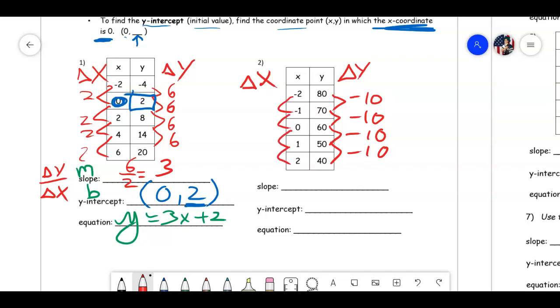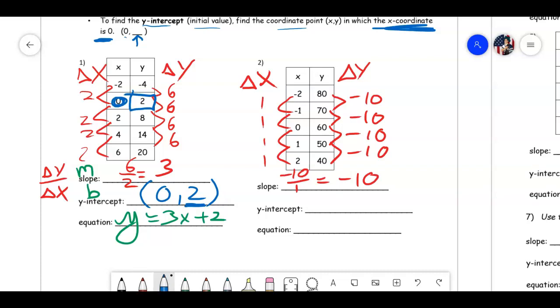Yeah, it is going up. If the negative's going down, that means it's adding, right? So adding how much? 1 each time. So we need to put change in y over change in x. So what over what? Negative 10 over 1, which is just negative 10. Very good.